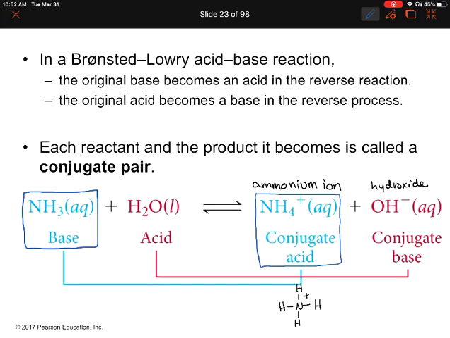So the base is becoming an acid in the products, and we would call that product a conjugate acid. And then the acid, we can pair up with the product that is a base, or the hydroxide ion in this case. So the acid and its conjugate base are a pair.